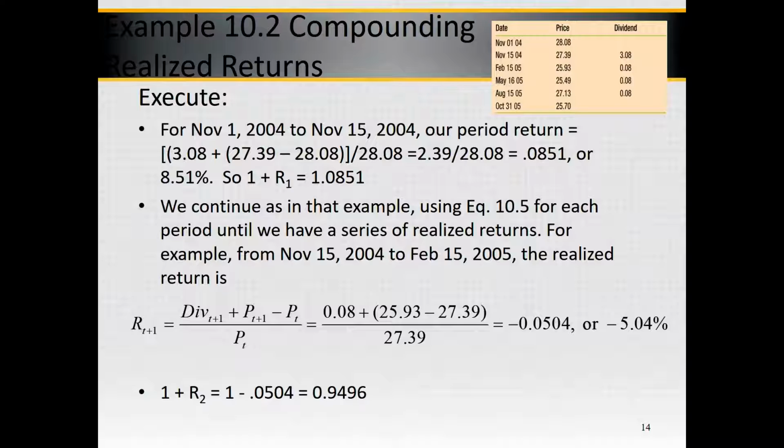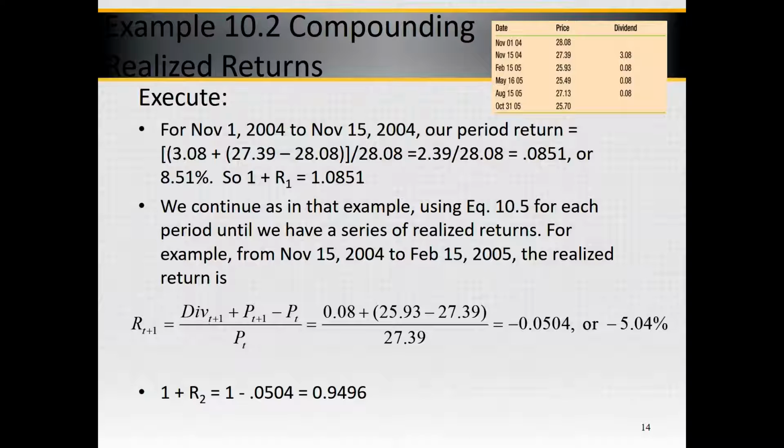So that gives us a numerator of $2.39 divided by our original price of $28.08, which works out to be 8.51%.